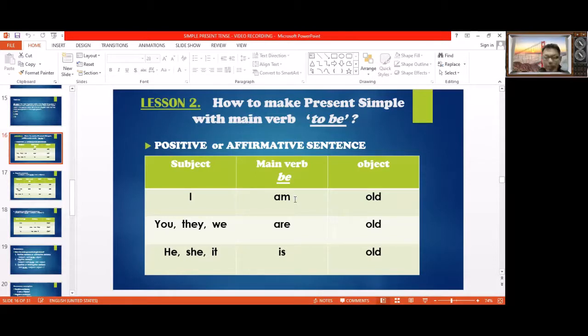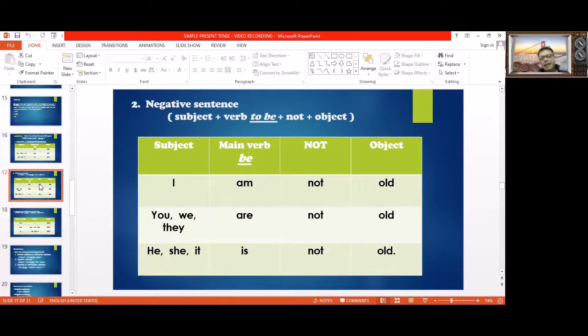That's for the positive sentence. Now let's move on. In the present simple tense, to form a negative sentence using verb be, it's very easy. We now have four structures. We have the subject, the main verb be, as you can see in the chart, then the word not.